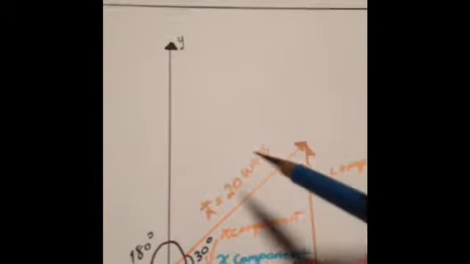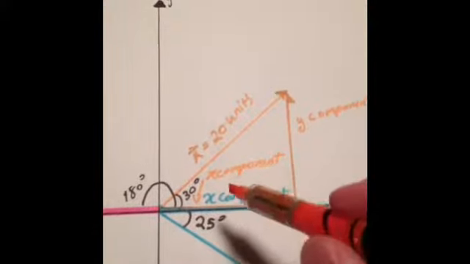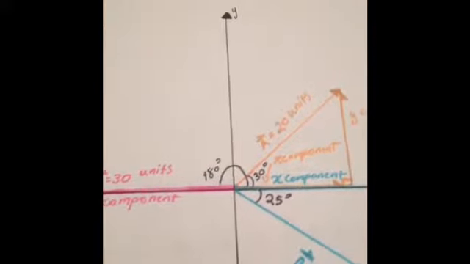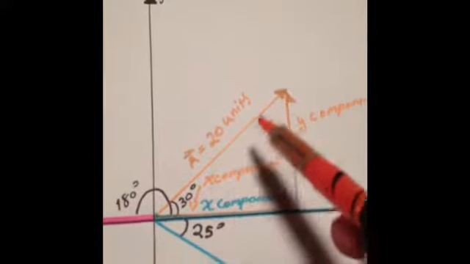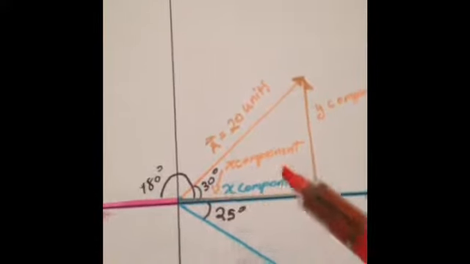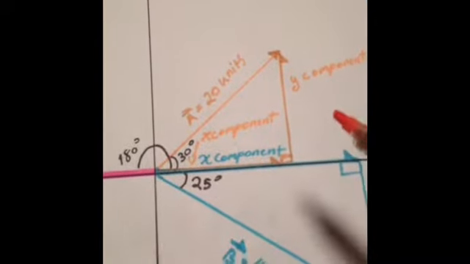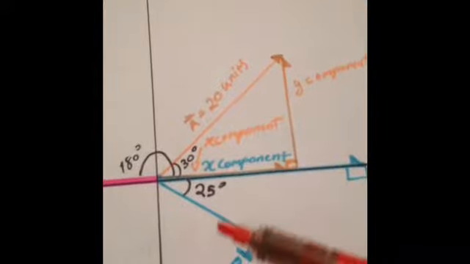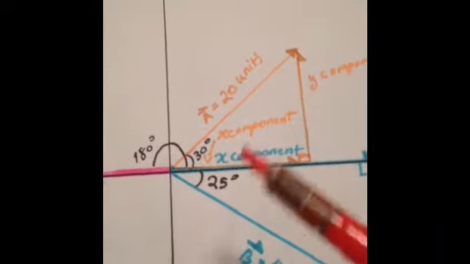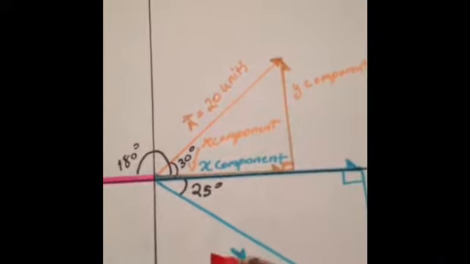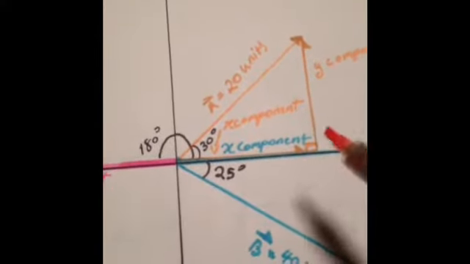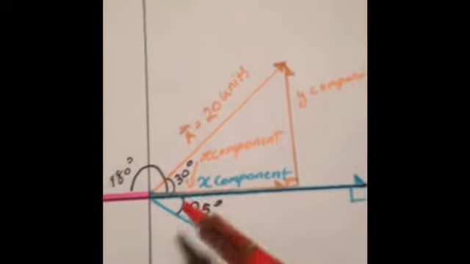Starting with vector A, which is 20 units long. To find a component, since we know the angle of our vector, I like to start with the x component first, since x is almost always your independent axis. It also comes before y in the alphabet, so why not?